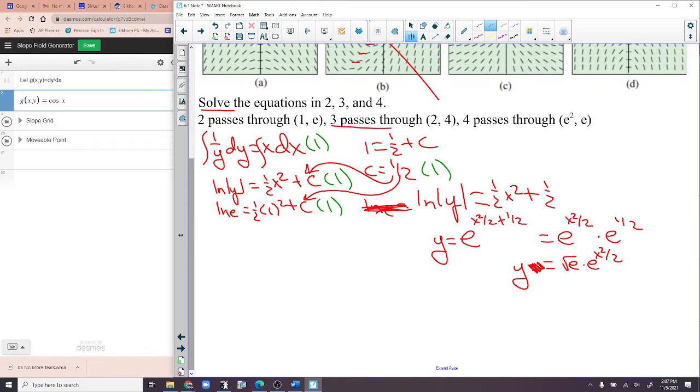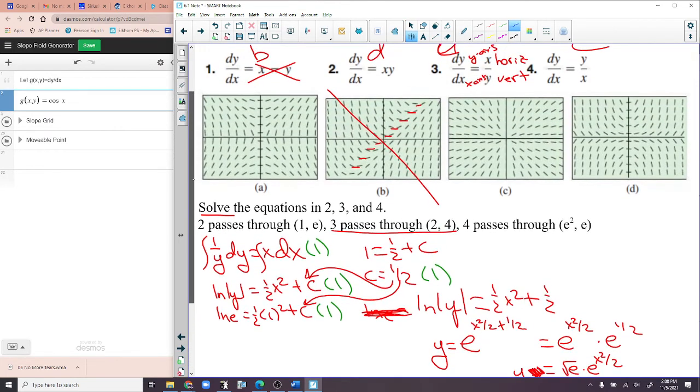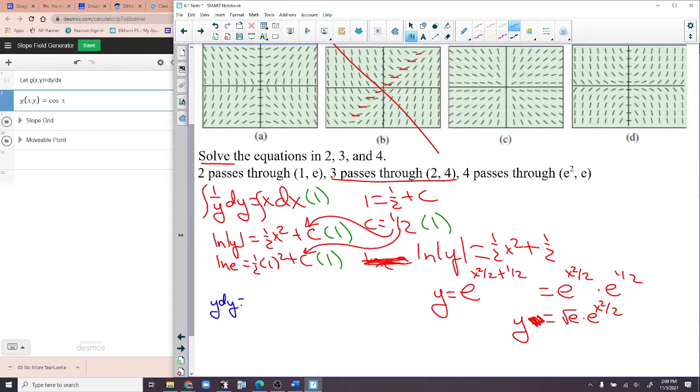And I said number 3 passes through the point 2,4. So y dy equals x dx.